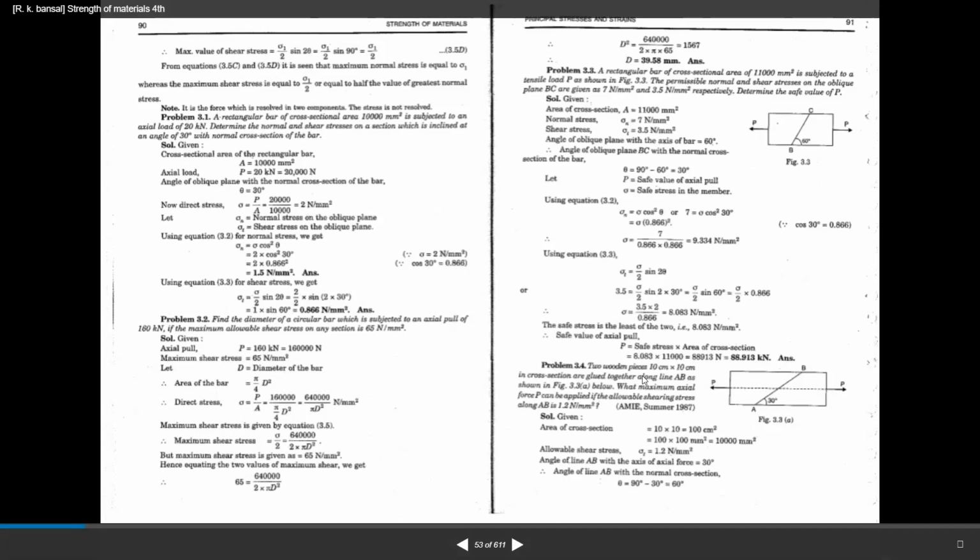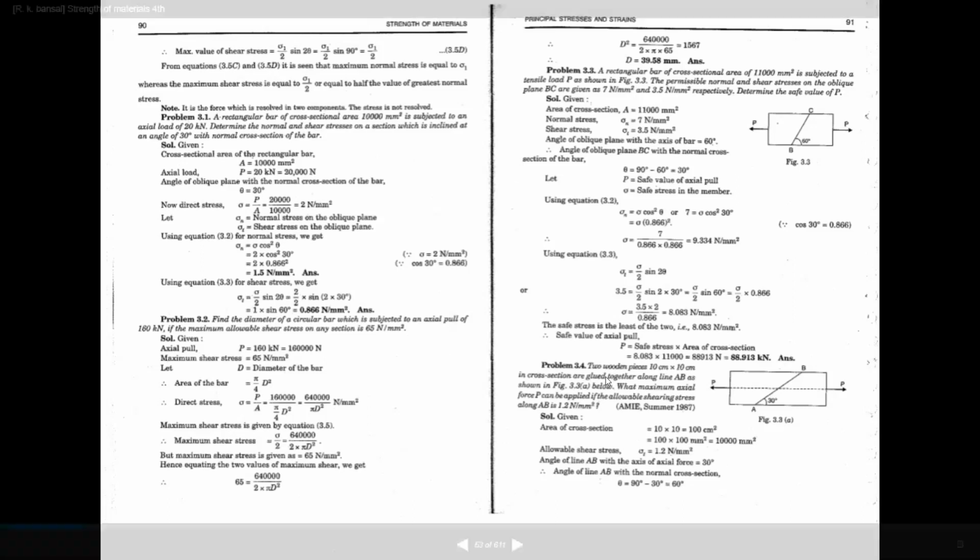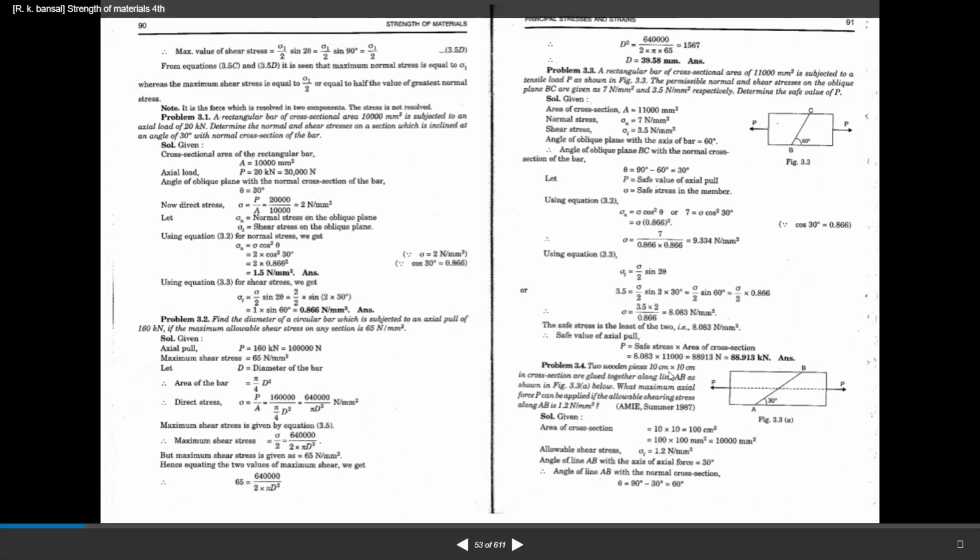Two wooden pieces, 10 centimeters by 10 centimeters in cross section, are glued together along line AB.